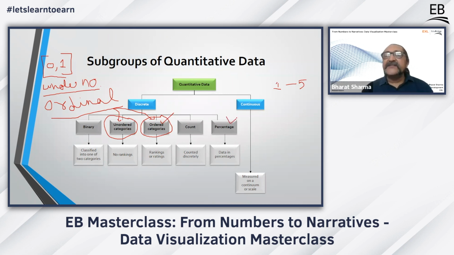Then we have the last one, which is called the percentage. Percentage is sort of an exception in the discrete category. The reason I call it an exception is that a percentage is not a straightforward data set. This data set gets derived out of two data sets, one on the numerator and the other on the denominator.